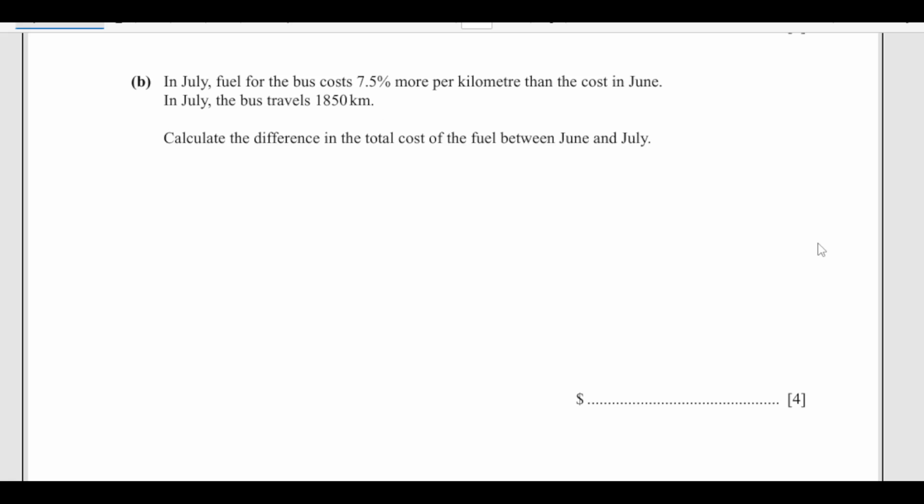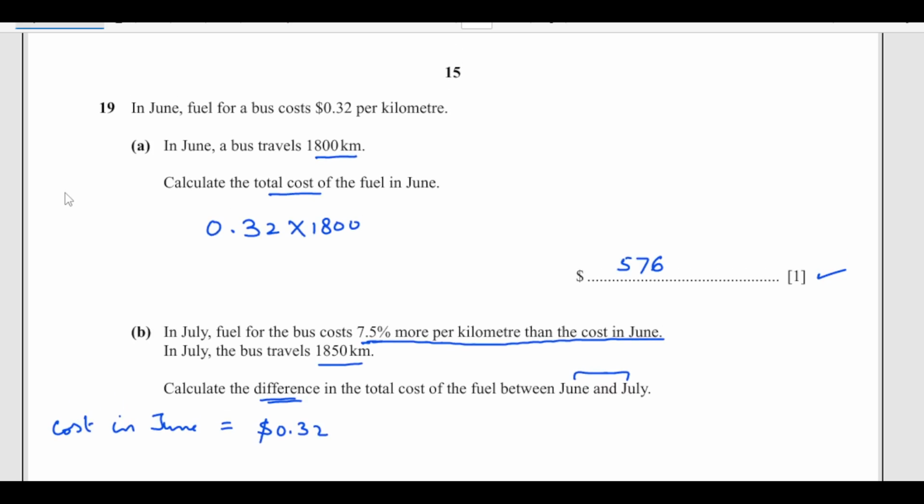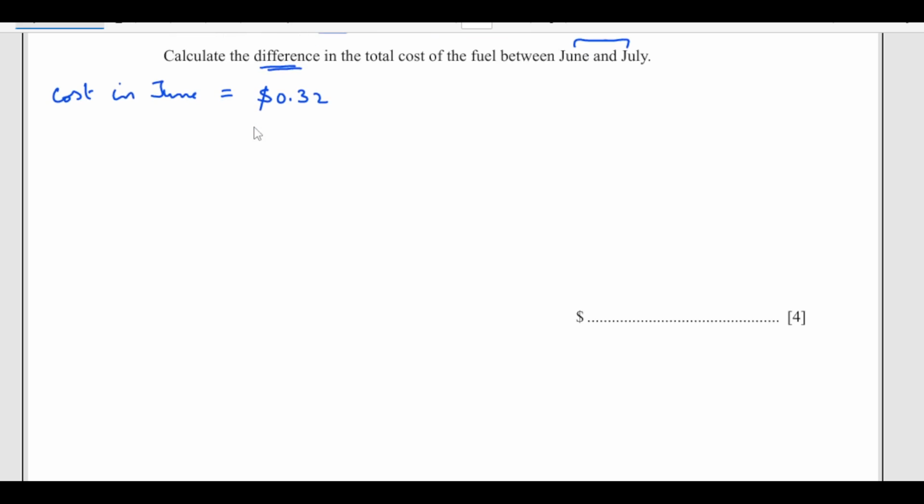In July the fuel for the bus costs 7.5% more per kilometer than the cost in June. In July the bus travels 1850 kilometers. Calculate the difference between the cost of the fuel between June and July. So we are comparing June and July. Let's start with June. The cost in June is 0.32 per kilometer, right?